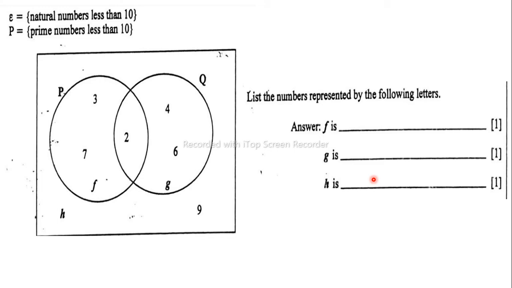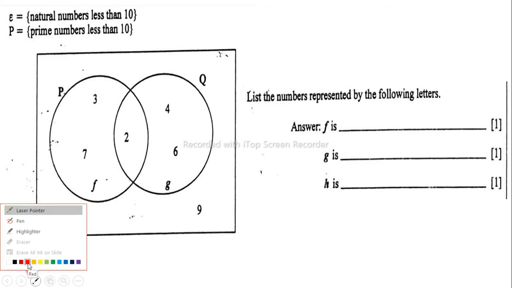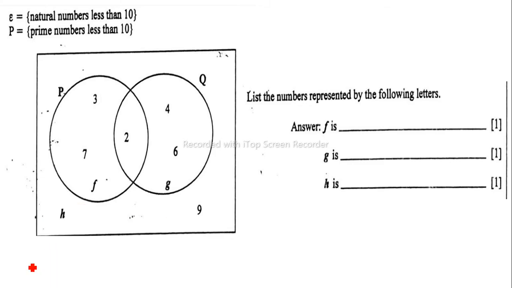Okay, so what are they telling us to do? List the numbers from the following letters. So we have prime numbers, right, less than 10. What should be in this box inside the set? Prime numbers. 3, 7. What's the prime number before 7?